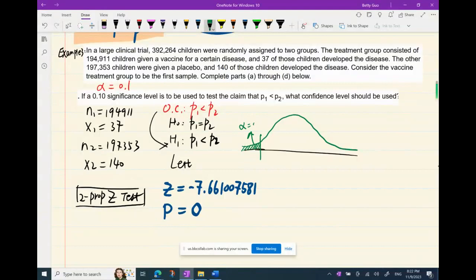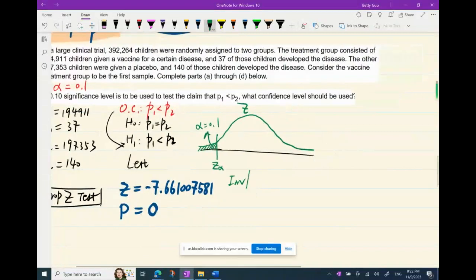Alpha is 10%, 0.1. And our critical value would be Z sub alpha. Let's see what the critical value Z sub alpha is. Since this is a Z test, we are going to use the inverse normal function to find the value for Z sub alpha.